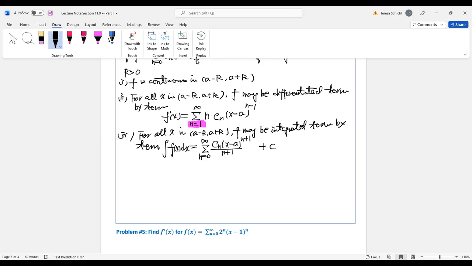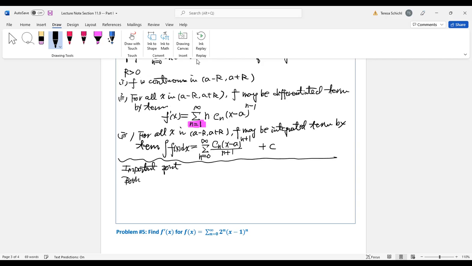So that's what we mean: you can integrate or differentiate term by term inside the power series. Here is the important point.